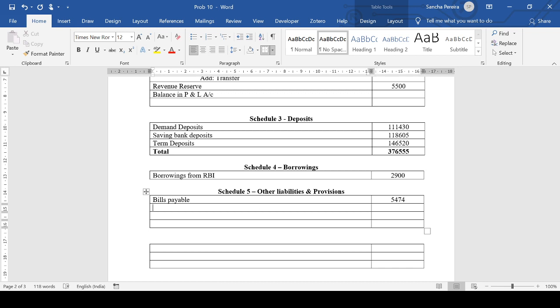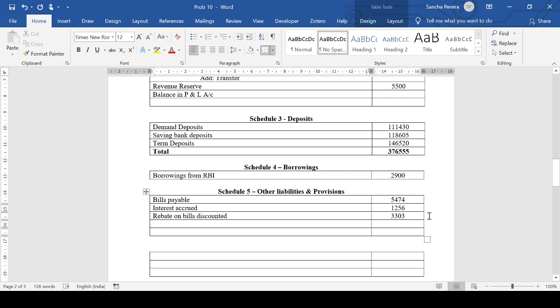Then we have interest accrued, which is 1256. We also have rebate on bills discounted, which is 3303.